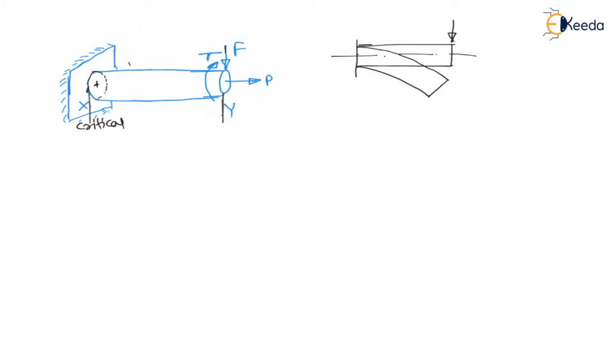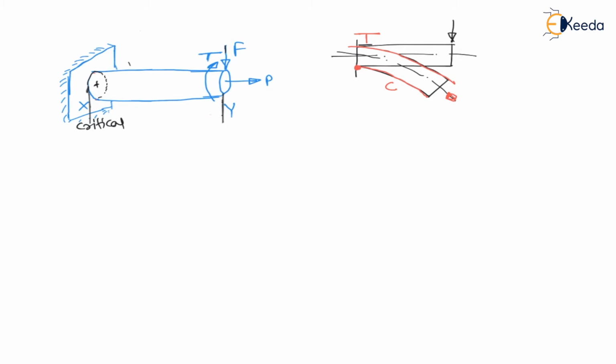The axis is going to bend, which means for such type of bending, the lower fiber is subjected to compression and the upper fiber is subjected to tension. And on the axis there is no bending stress.